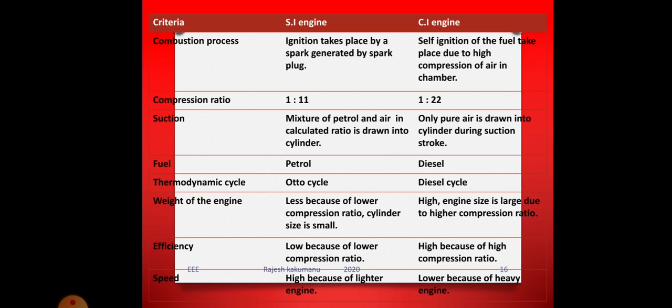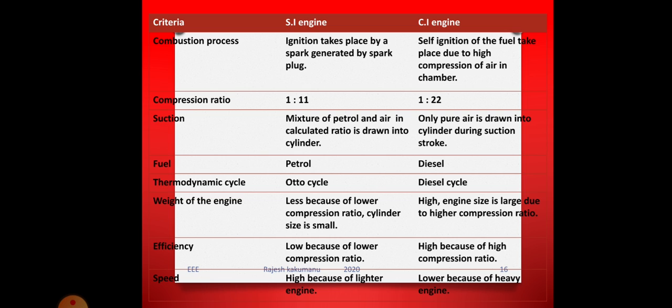In the compression ignition engine, what happened? Self ignition of the fuel takes place due to the highly compressed air in the chamber. How does self ignition happen? With the help of the fuel injector, the self ignition process takes place.